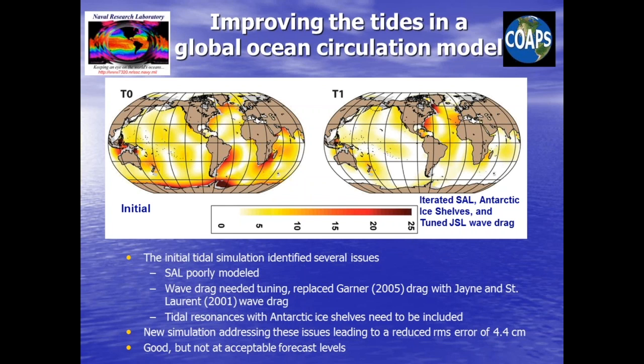So one of them was the self-attraction and loading. The problem is that the way that the self-attraction and loading is traditionally done, this iteration, works very well in these barotropic tide models, which can be linearized and done in a frequency domain, so you only have to do this iteration every so often.